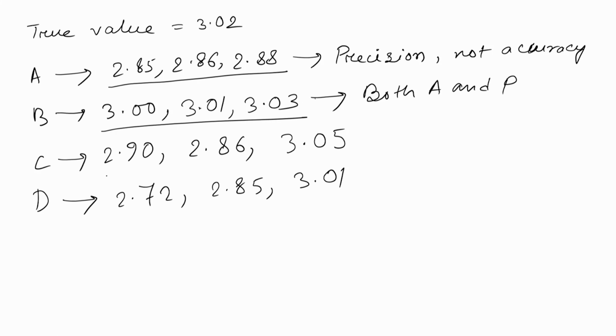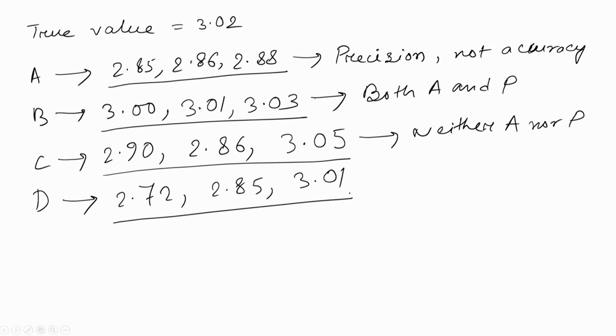Now the values of C, 2.90, 2.86, 3.05. So these values are neither close to the true value nor close to each other. So we can say neither accurate nor precise. And these values of D, 2.72 and 2.85, are far from the true value, but 3.01 is close to the true value.